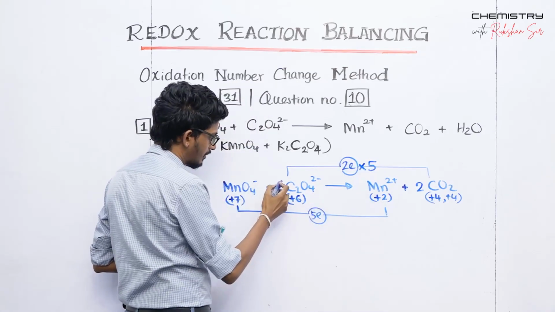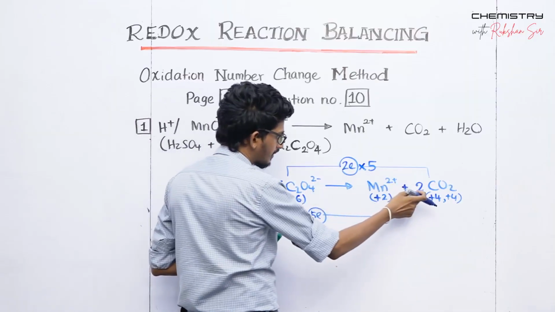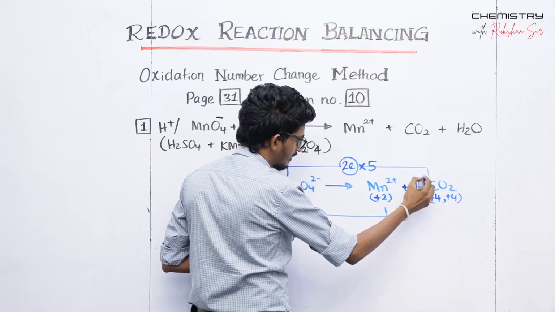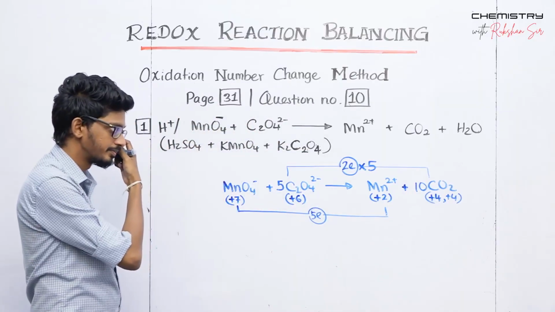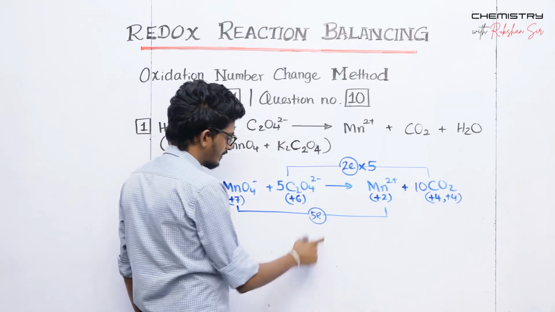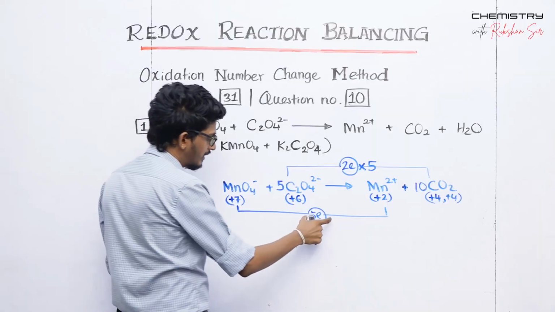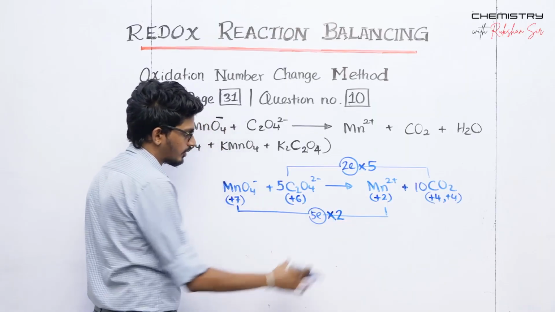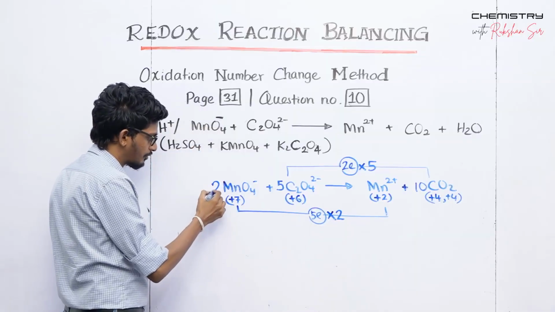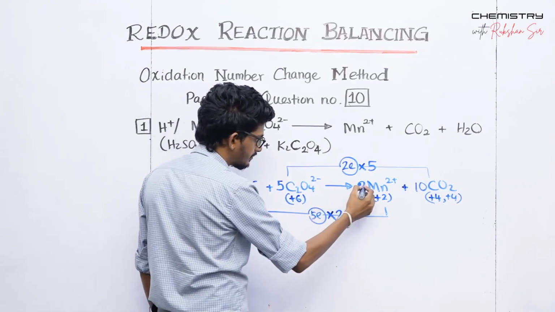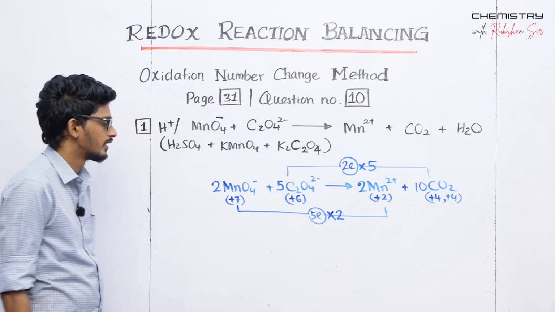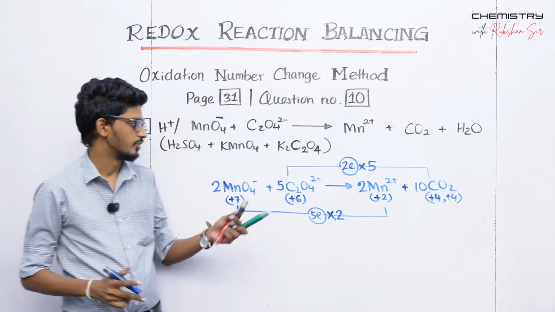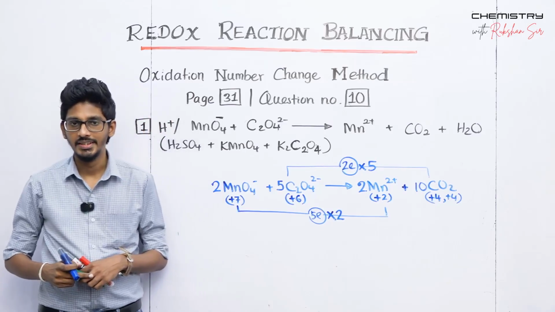That means this becomes 5, and this becomes 5 into 2, which is 10. To come up with the least common multiple, which is 10, you need to multiply the other branch with 2 as well. That is the second step: balancing the oxidation states with the use of electrons or the least common multiple.